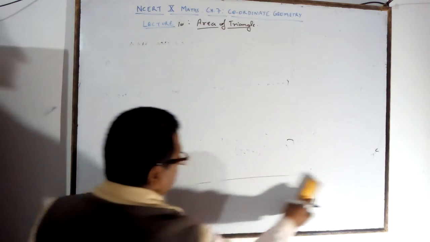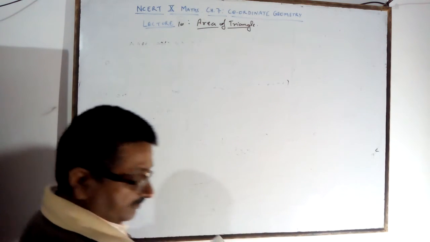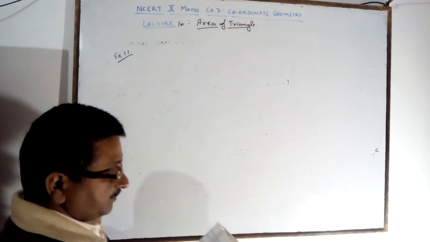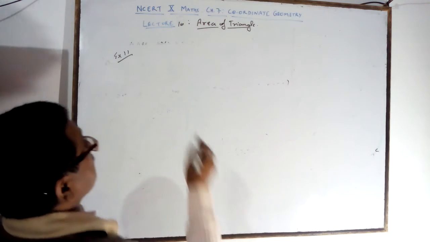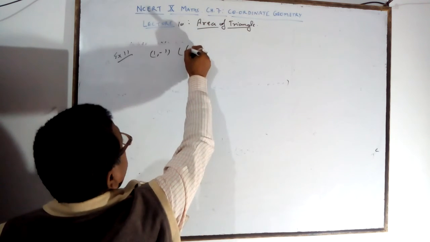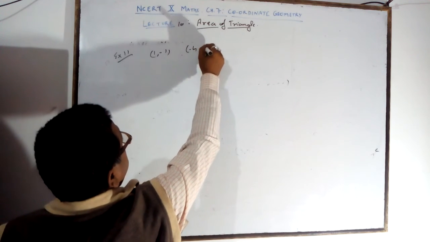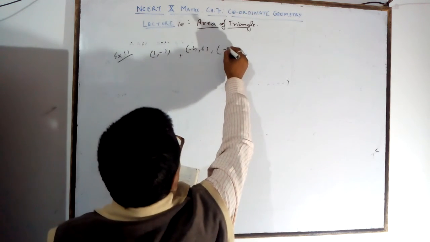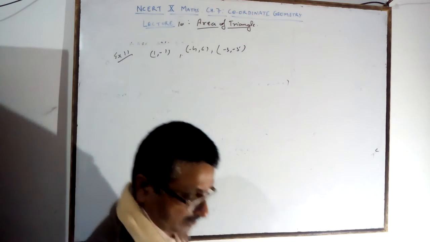Example 10 of your book, 11 of your book. Example 11. What is example 11? Find the area of a triangle whose vertices are 1, minus 1, minus 4, 6, and minus 3, minus 5. Very simple question.